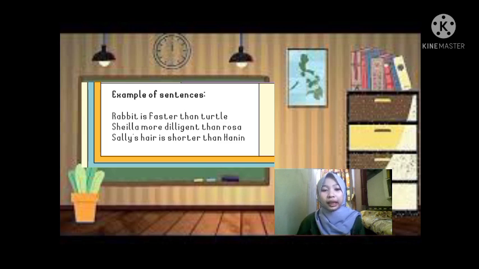For this example, we use more to compare Sheila and Rosa. What is the adjective to compare them? It's diligent, more diligent than. That's the word to compare Sheila and Rosa.